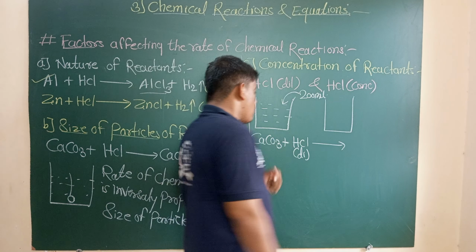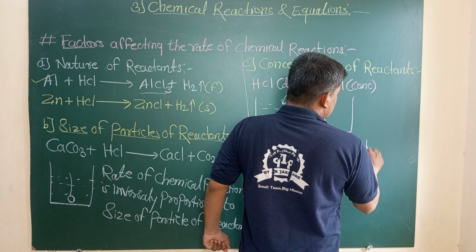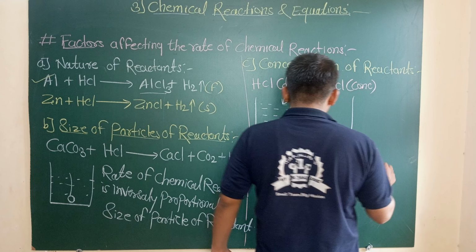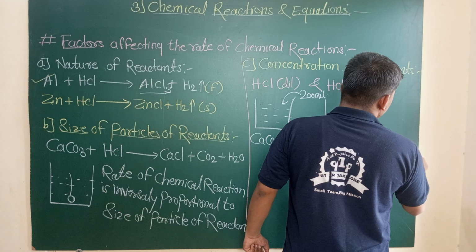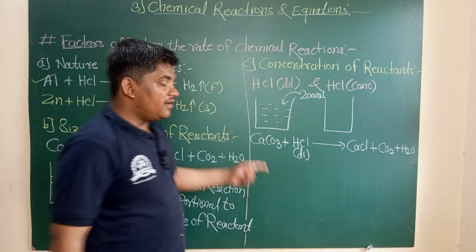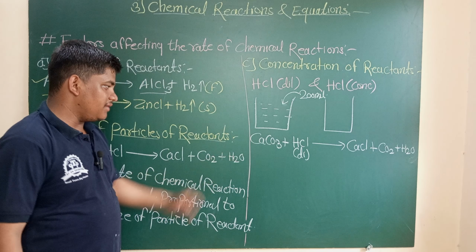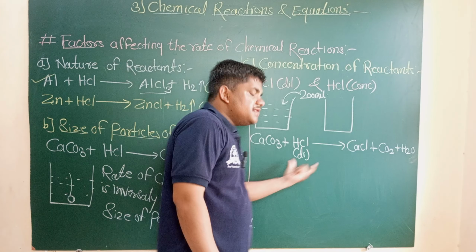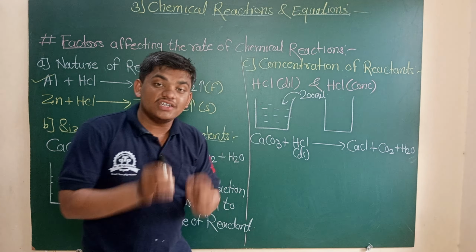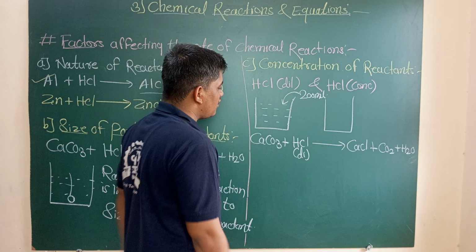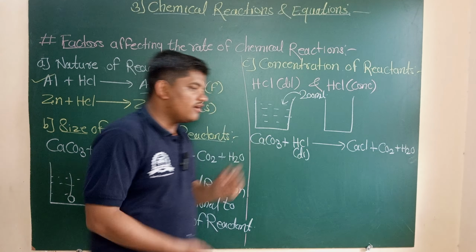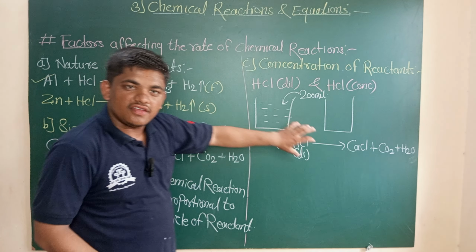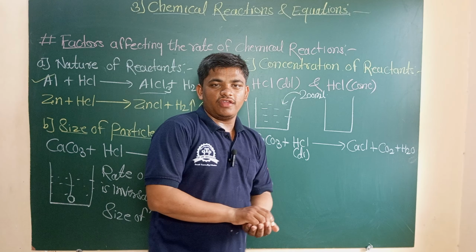That means it takes more time to convert into calcium chloride, carbon dioxide, and water. Please complete or balance this chemical reaction. When the calcium carbonate reacts with the concentrated hydrochloric acid, the reaction completes faster compared to the dilute hydrochloric acid.